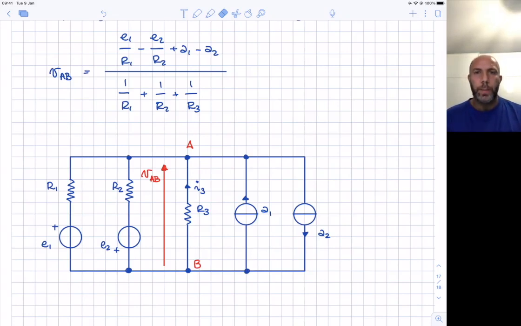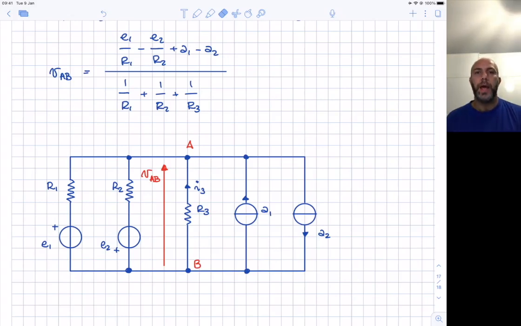If we want to comment on this formula and get some rules to memorize it, look at the denominator. We have the sum of 1 over the resistance in each branch. In this case, we have 3 resistances in the first 3 branches, and so we have 1 over R1 plus 1 over R2 plus 1 over R3. Now, let's have a look at the numerator.